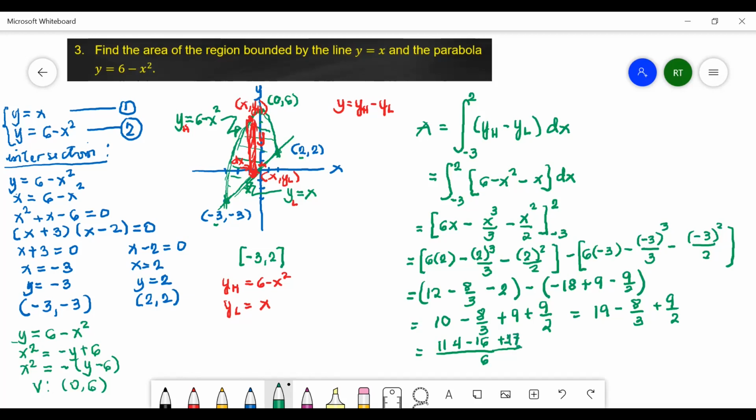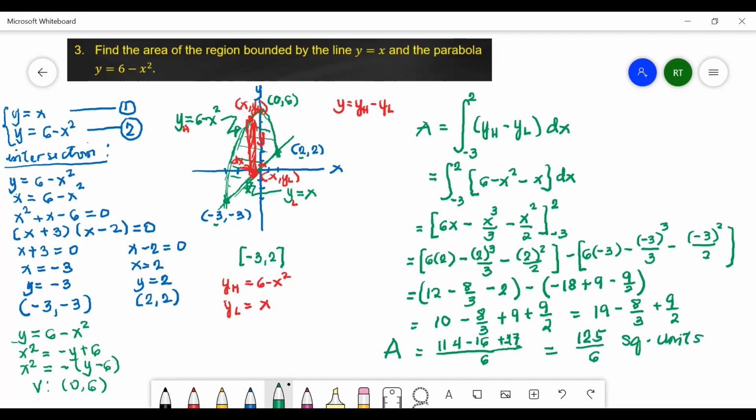Hence the area is equal to negative 16 plus 27, which is 11, and 114 plus 11 is 125. So the numerator is 125 over the denominator 6. Therefore, the area of the region is 125 over 6 square units.